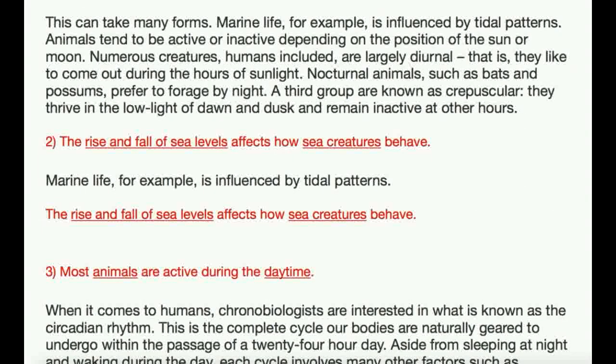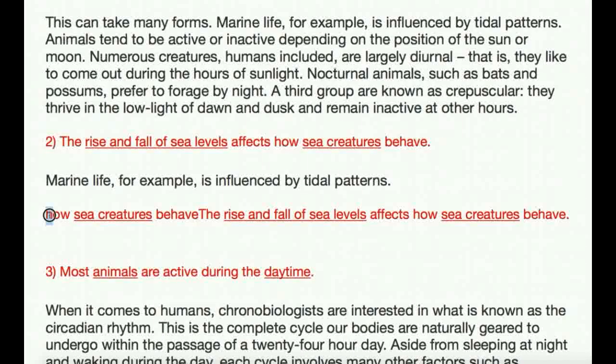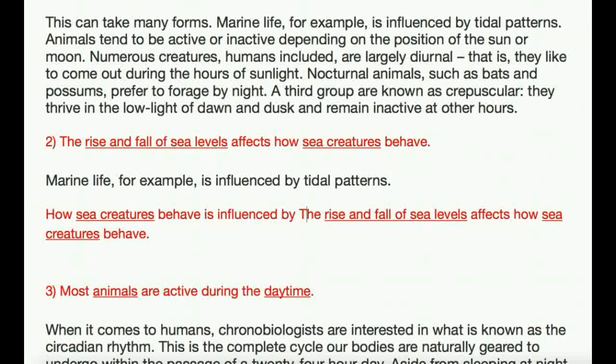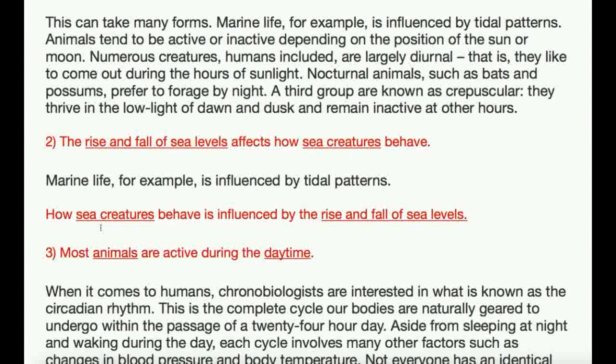So for example, if we take this one here, we could say how sea creatures behave is... so we've just changed that information around.